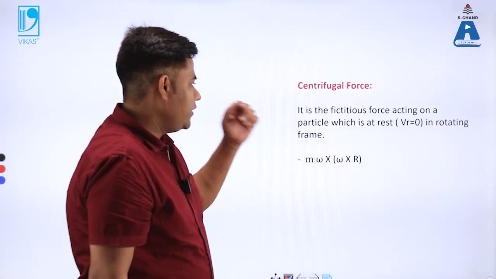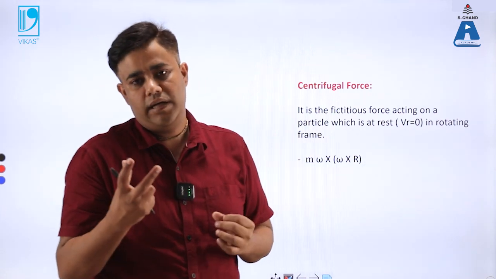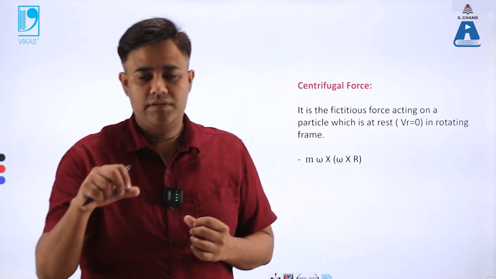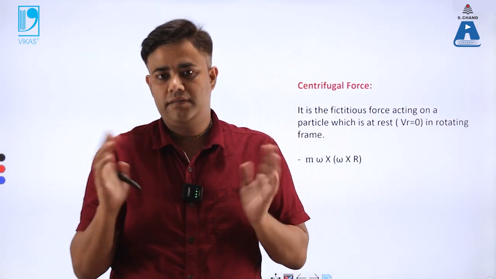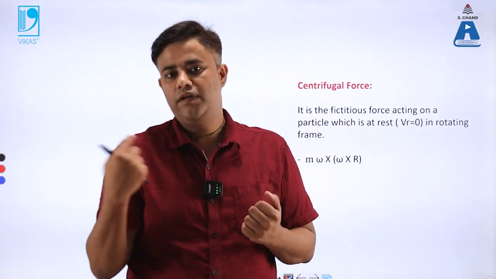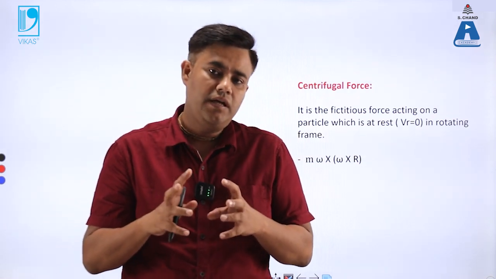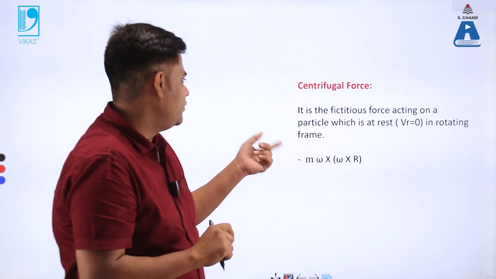So what is the centrifugal force? Let's say I have a bowl, and in which I sprinkle some marbles, and I keep on rotating that bowl. So what happens to those marbles? The marbles would be stuck to the walls of the container. That means the marbles would be moving towards the wall of the container, and that particular force which is exerted on the marbles is called a centrifugal force.